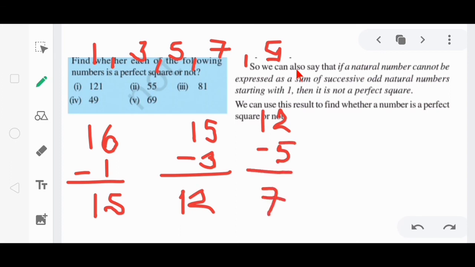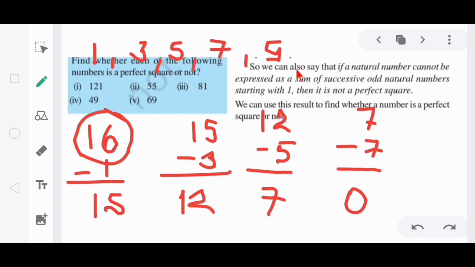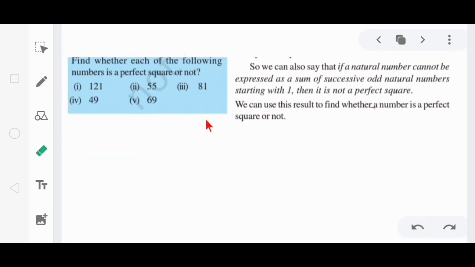You can see the numbers being subtracted continuously are in order. Now subtract 7 from 7 and you will get 0. So doing like this, if you eventually get 0, it means the given number, 16, is a perfect square number. So by this method you can check whether any number is a perfect square or not.